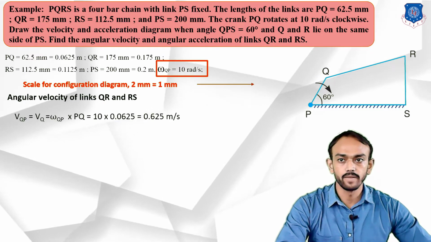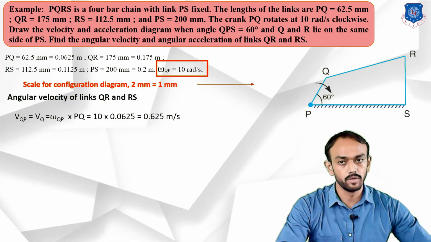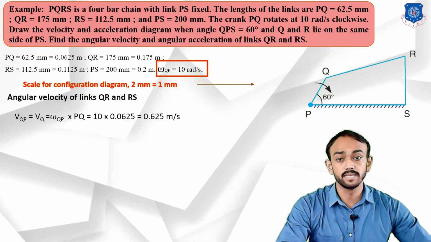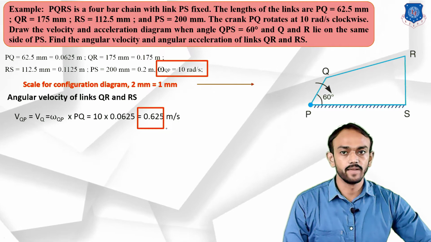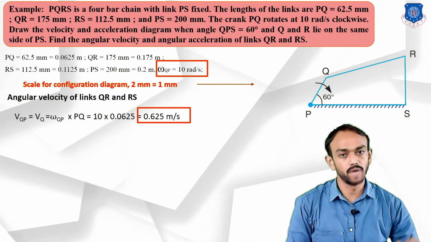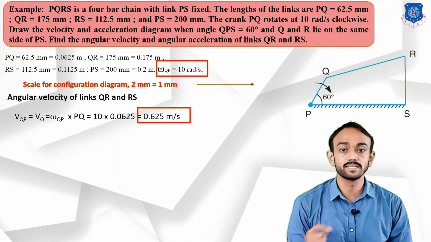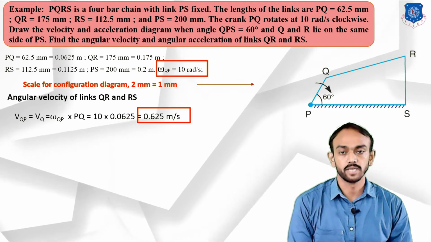So the linear velocity of QP is equal to angular velocity into length, and the length is given in meters. We have found the velocity to be 0.625 meter per second. Now we can start the velocity diagram.